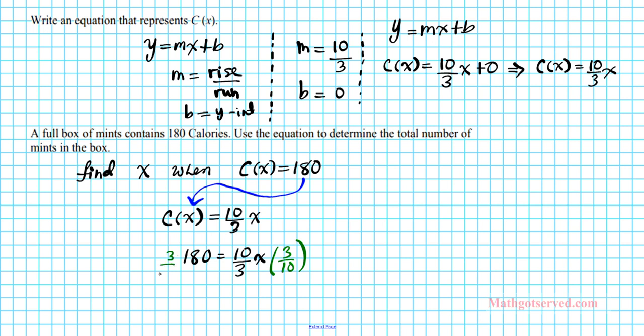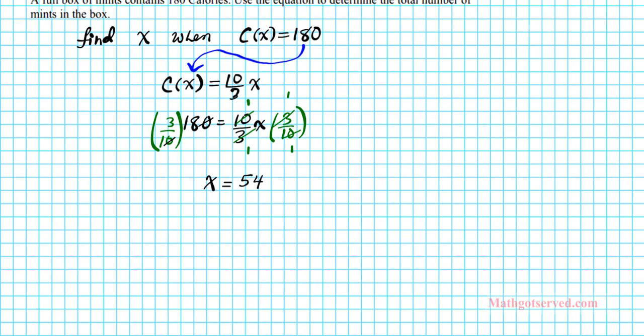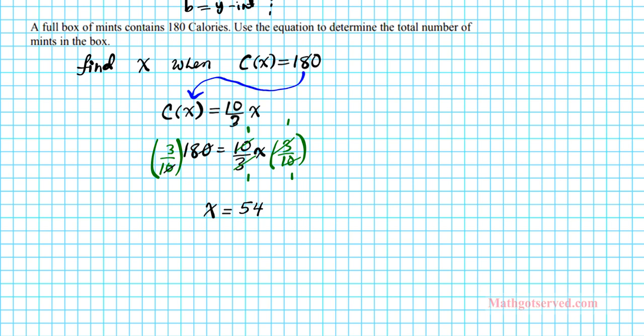Okay, multiply both sides by 3 over 10. 3 divides here, 1, 3 divides here, 1, 10 divides here, 1, 10 divides here, 1. All right, now we're going to have x equals, now you notice these two have 0, so you can just divide by 10, and then you do 3 times 18, which is 54. Okay, so there is our final answer, 54.